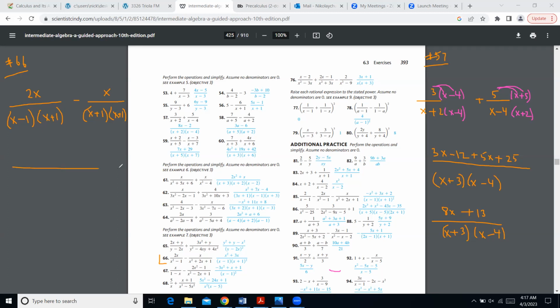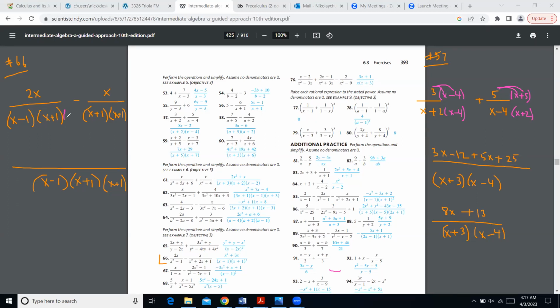So the question is, what will be my common denominator? Well, it must contain x minus 1 and x plus 1 and another x plus 1. It must have them all, the factors of my denominators.